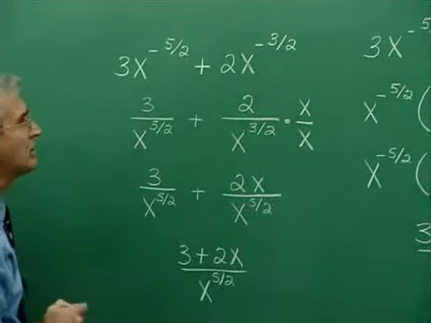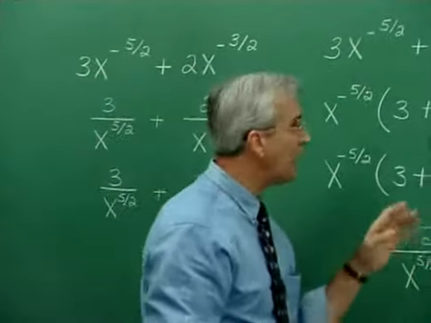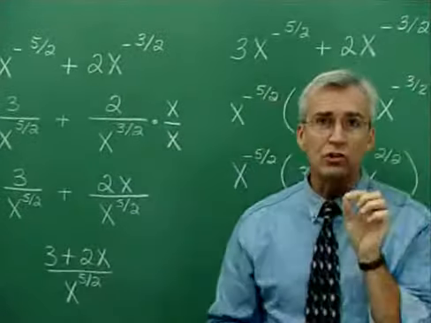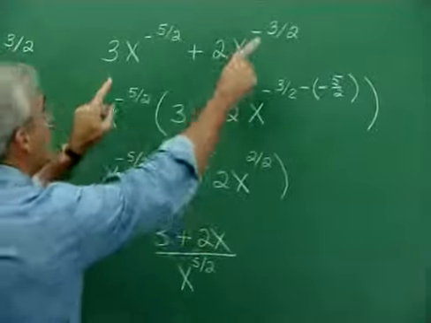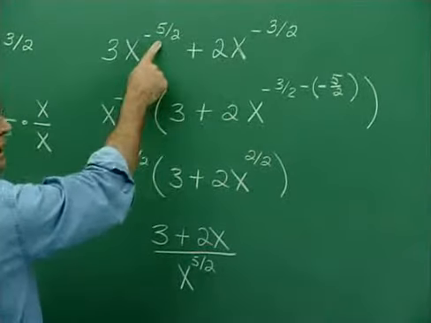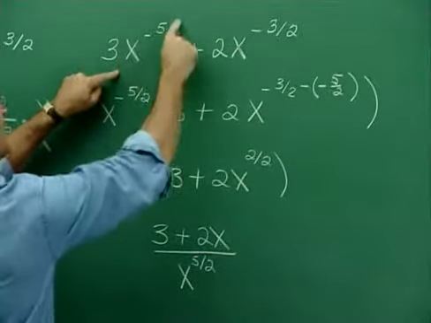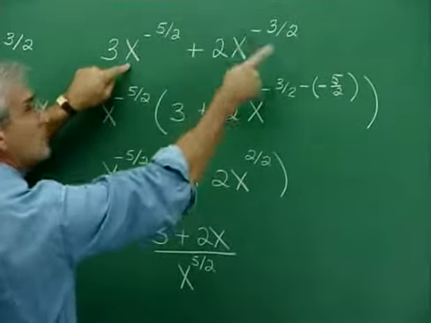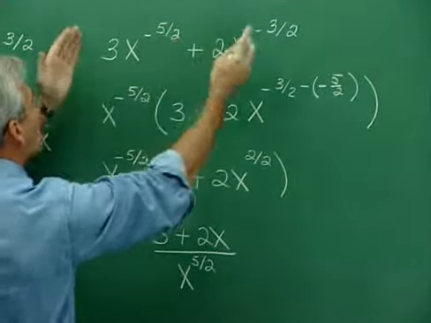Here's another way to deal with it. We could actually take the same problem, and we could identify the smaller of the two negative exponents. Now, the smaller of these two negative exponents is this one, and we could actually factor this factor out of these two terms. You see, now we're going to pull x to the negative 5 halves out of these two terms.